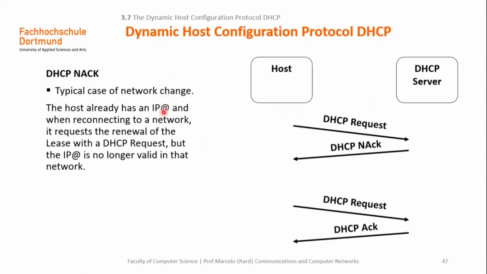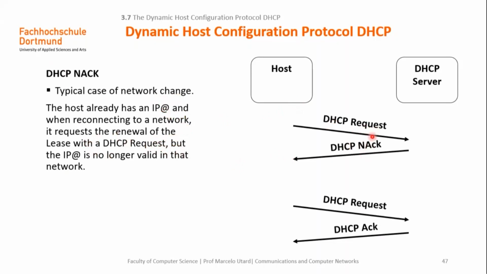The host already has an IP address, and when reconnected to the network, typically with a DHCP request, it requests the renewal of the lease, but the IP address is no longer valid in that network.